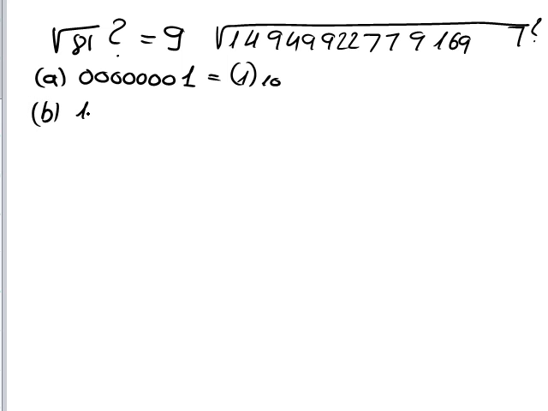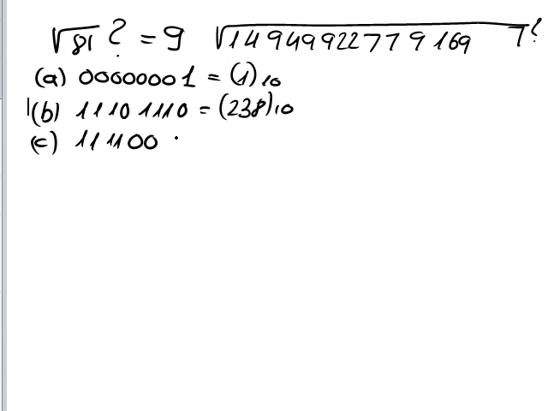B is 11101110, which equals 238 in the decimal presentation, and C is 11110010, which is 242 in the decimal presentation.